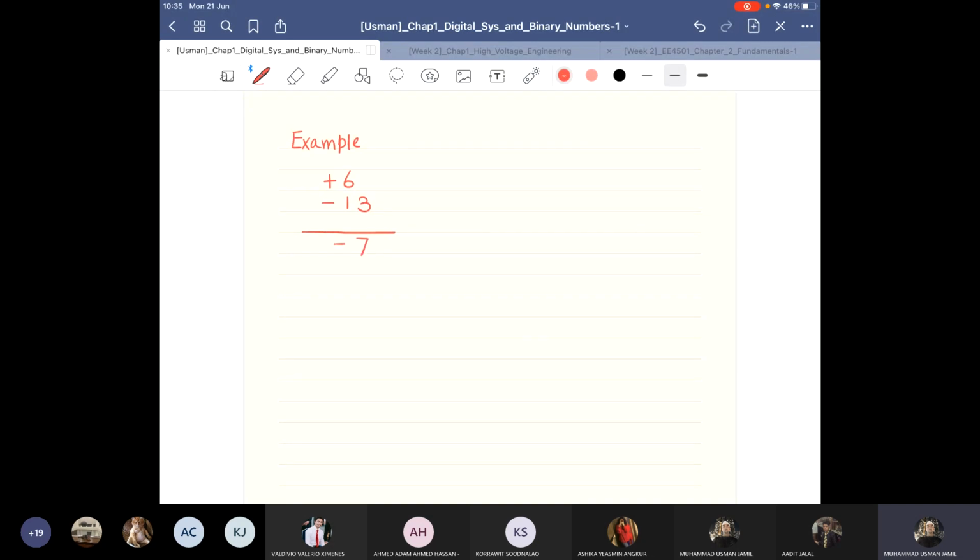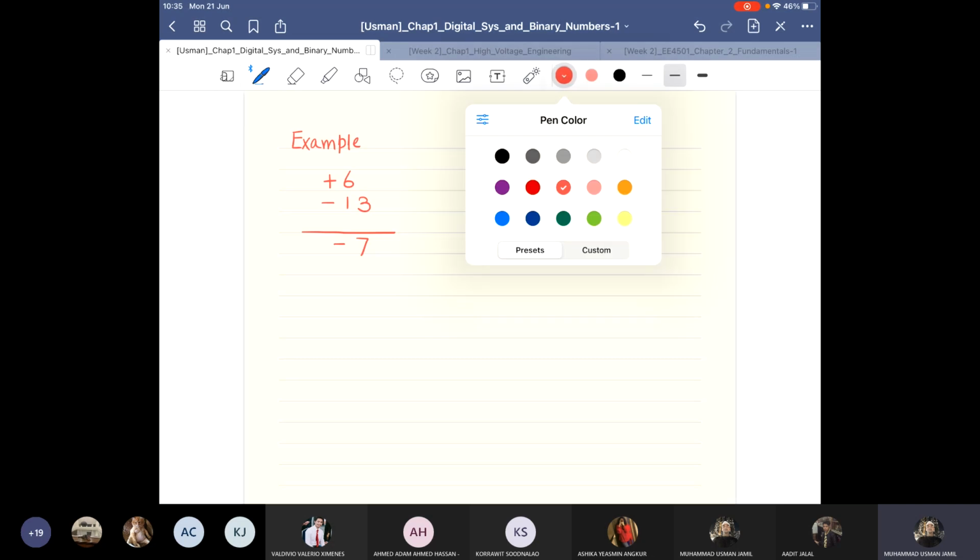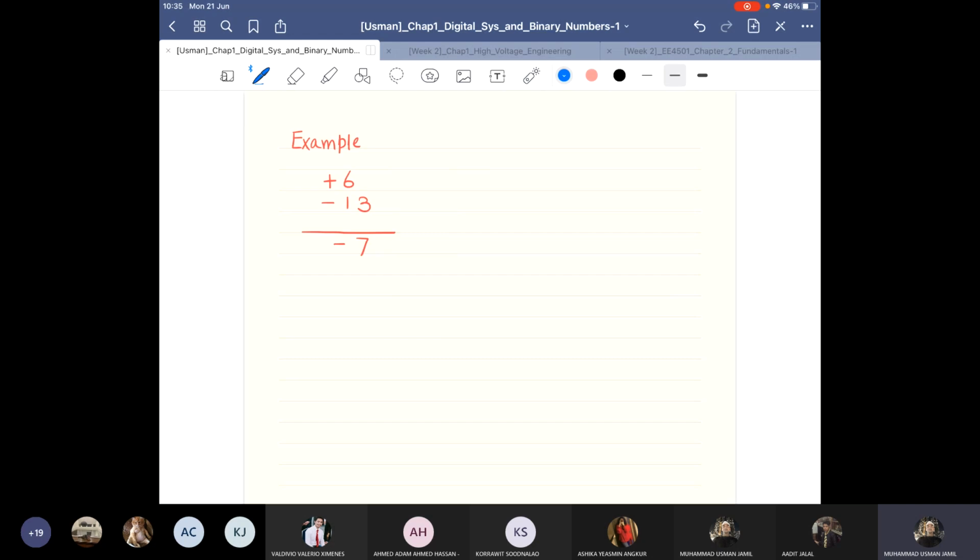But now we have to see these numbers in signed binary. We know that 6 is equal to 0000 0110. So this number is equivalent to 6.